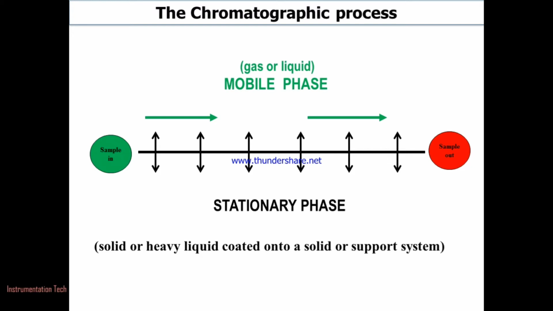The sample components become distributed between mobile phase and stationary phase. If the interaction of a sample component with the stationary phase is more, then that sample component travels slowly and elutes out last. If the interaction is less, then it elutes out first.